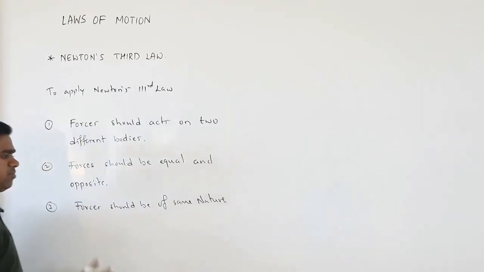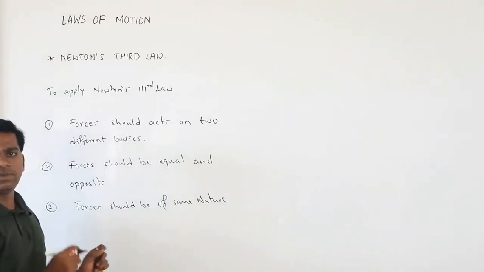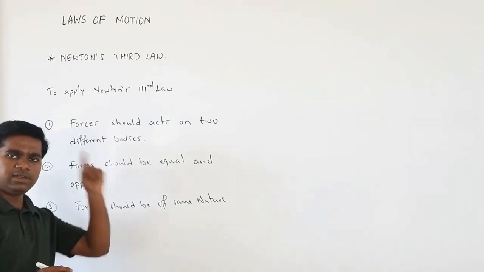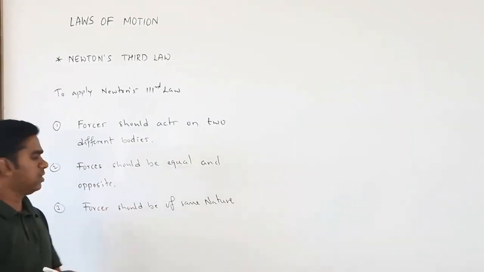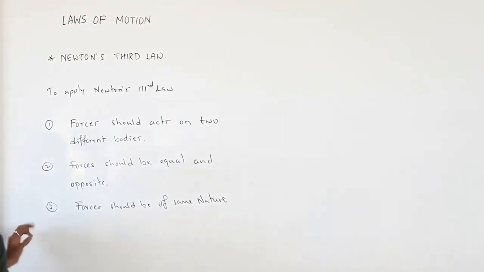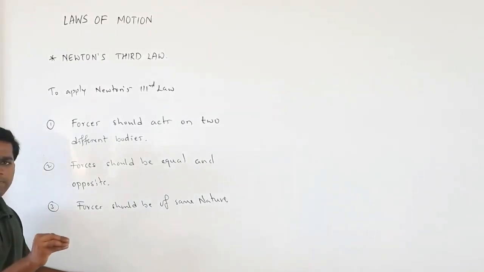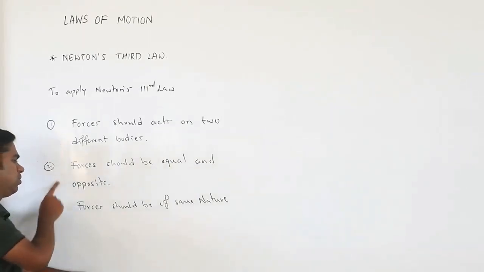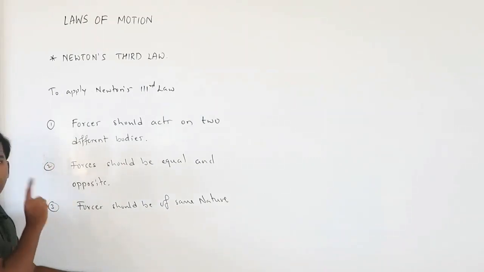If one is an electrostatic force and another is a magnetic force, then you can't say they are equal and opposite forces. If one is electrostatic, the other should be electrostatic. If one is gravitational, the other should also be gravitational. For a given example, only if these three conditions hold can we say it is an example of Newton's third law.